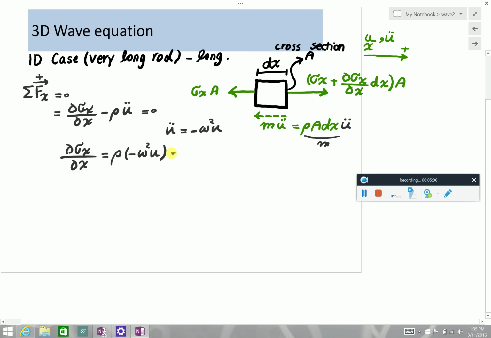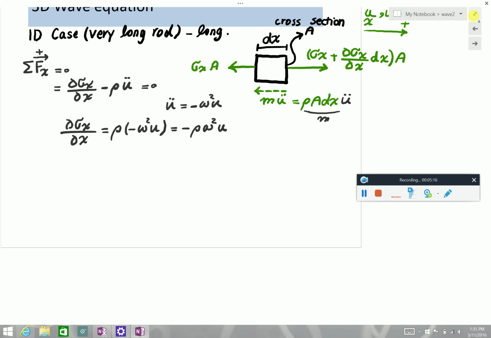So we write it as negative rho omega squared u. So this was in the one-dimensional case.